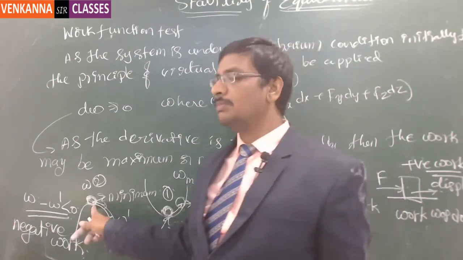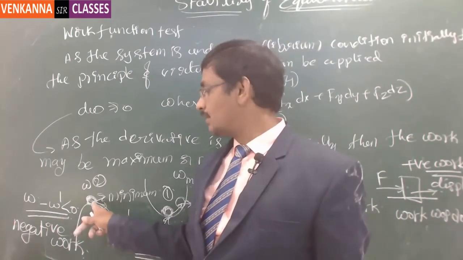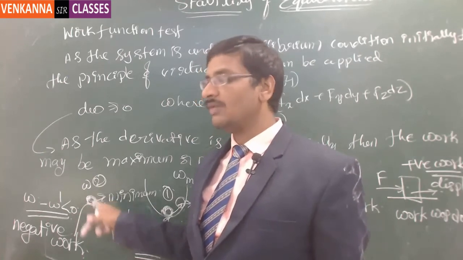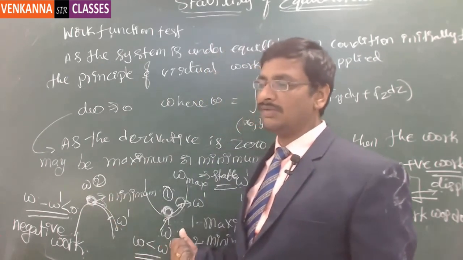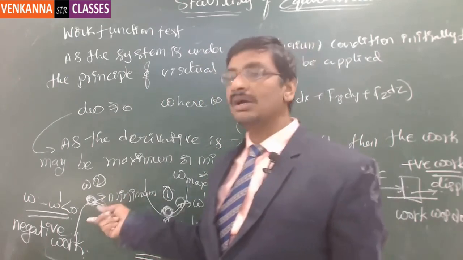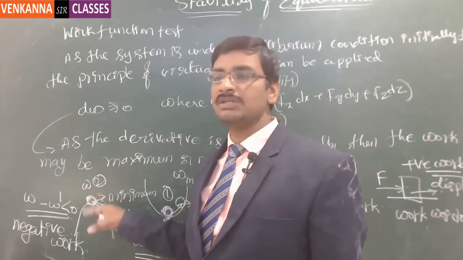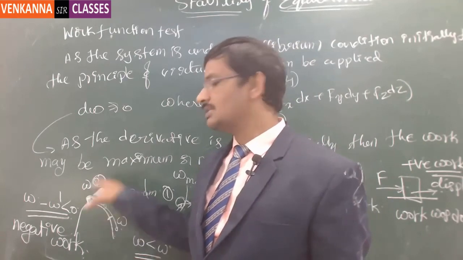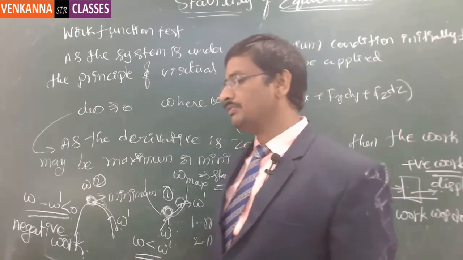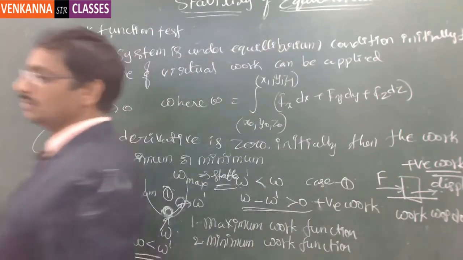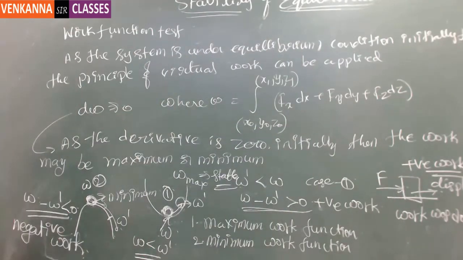This one has the minimum work function but maximum potential energy. So wherever there is the least potential energy and maximum work function, the system is under stable equilibrium condition. And wherever there is the least work function and the maximum potential energy, the system is under unstable equilibrium condition. Got it? So these two are the important tests: the work function test and the potential energy test.